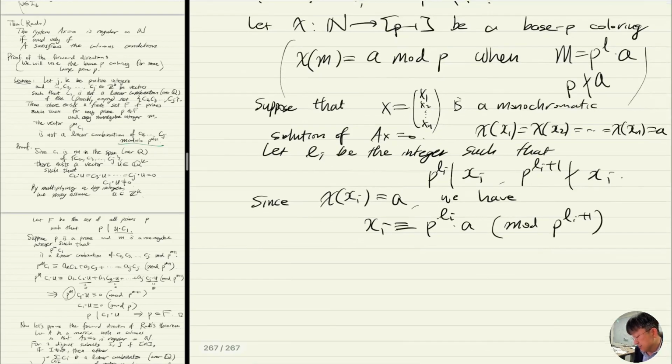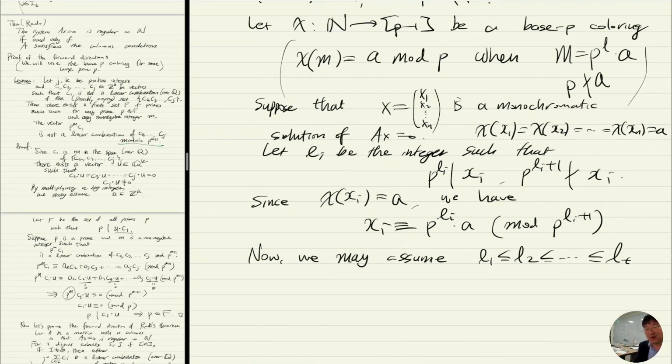All right. Now, by rearranging, we may assume L1, L2, and so on. So let's rearrange the orderings so that we have the smallest number L1 first, and then continue up to Ln.